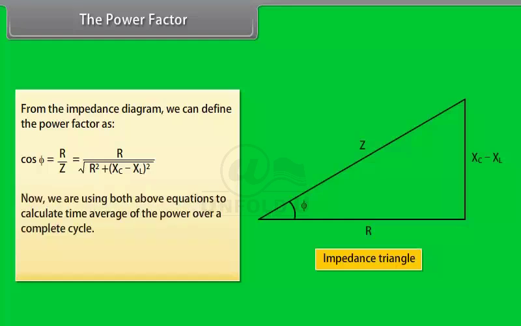Now, using both above equations to calculate the time average of the power over the complete cycle, P bar is equal to the product of Irms square and R.